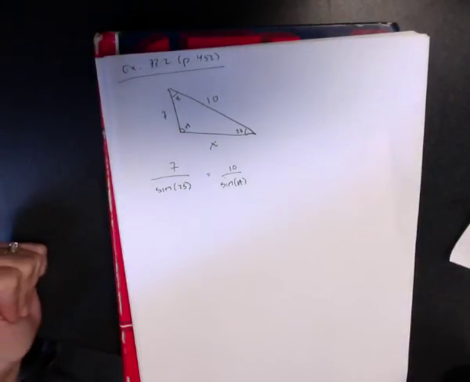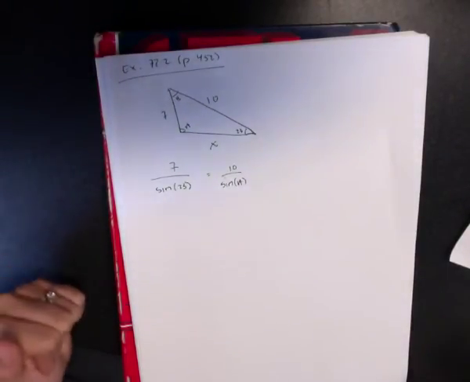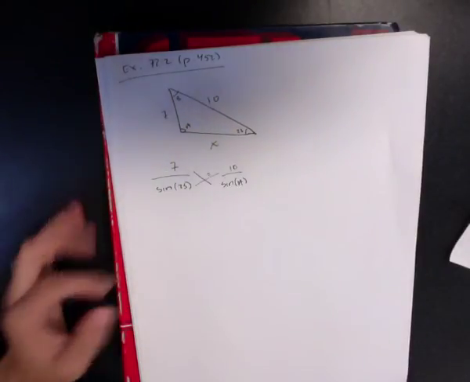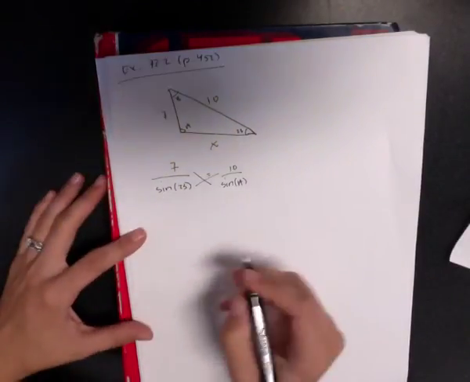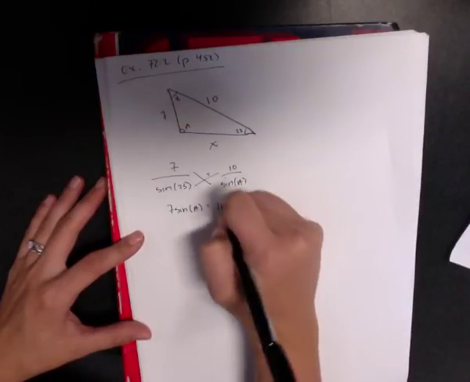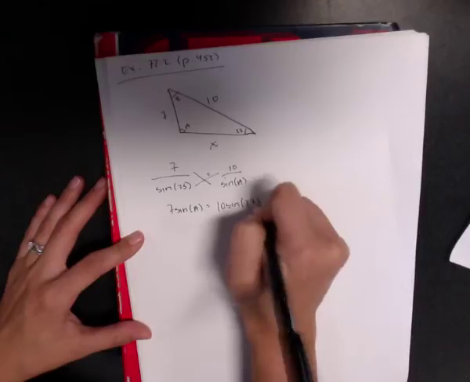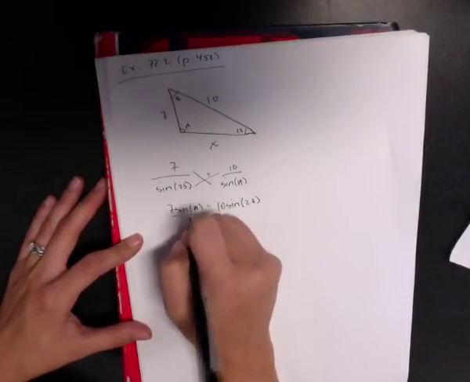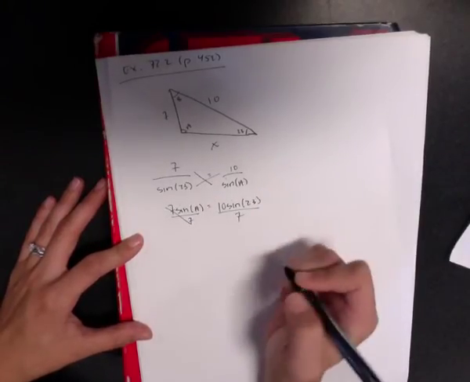Well, if you notice in our notes, we already did this. I am going to show the work again of cross multiplication just for good measure. So we will have 7 sine of A equals 10 sine of 23. Divide both sides by 7.